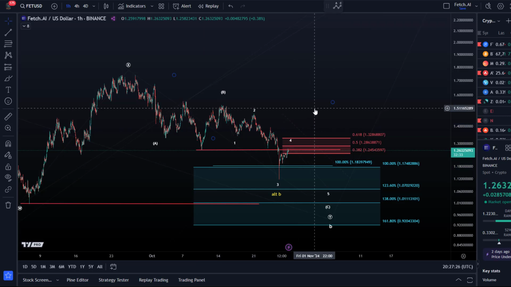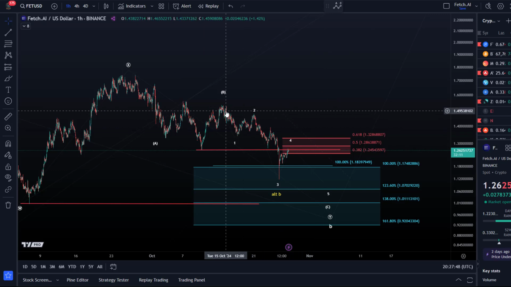The price has indeed reached it. We know that usually an ideal target area for a 4th wave is between the 38.2 and 50% retracements. This area has been reached already, between 124 and 128. So we've reached that area.